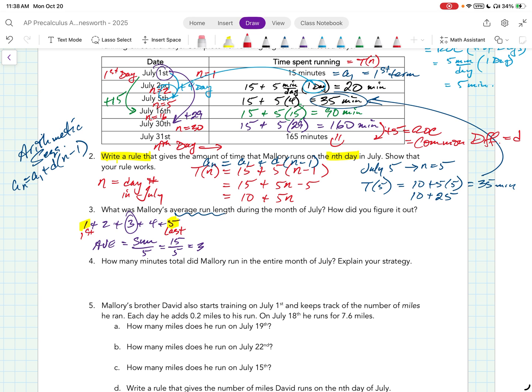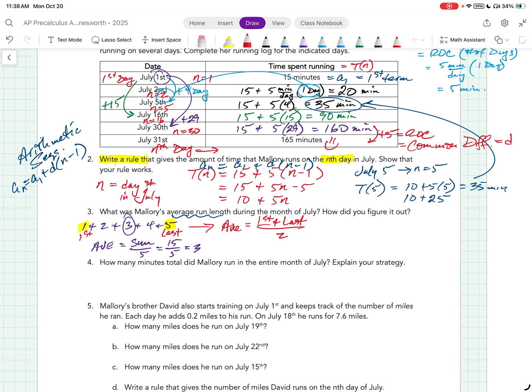Well, you could do it by taking 1 and 5, adding them up, and dividing by 2. So another way to do that is by using your first and last term. First plus last, divided by 2. In other words, we can take 1 plus 5, divide that by 2, and that's 6 divided by 2, or 3, and there's your average.